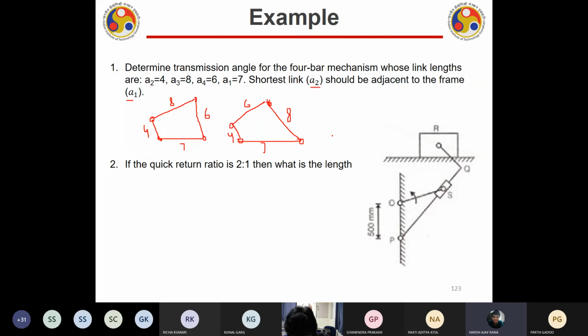For these two cases, it will be the same, I guess. No, I am asking about the transmission angles. They will be different, of course, it won't be the same. But does it make any sense if I replace this 8 with 6? No, sir, it does not make any sense. Both the cases are almost the same. Not almost, the same.